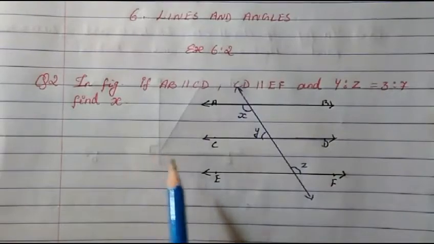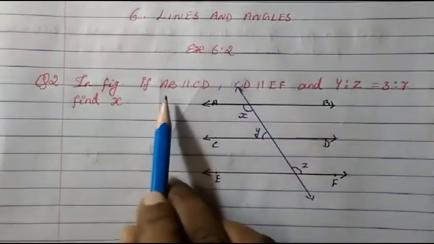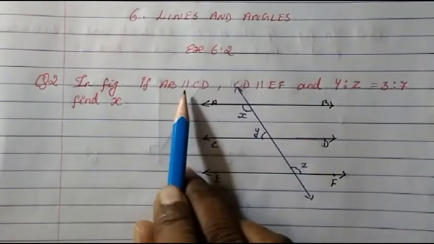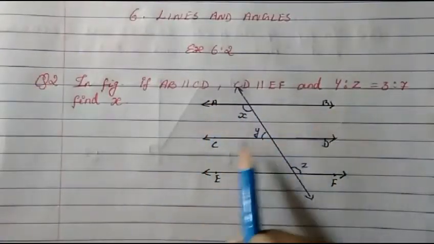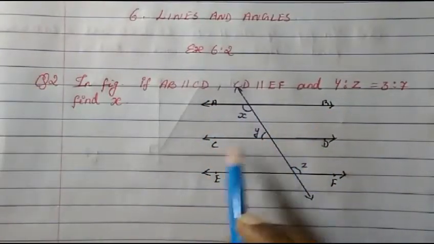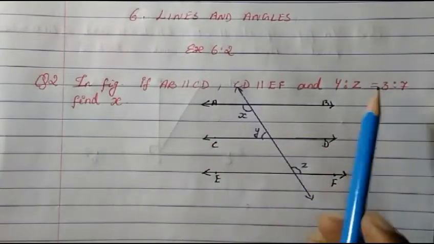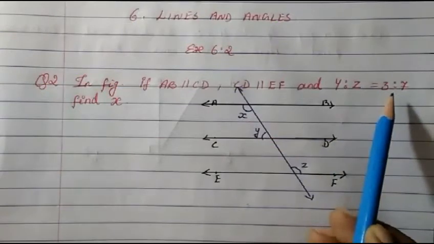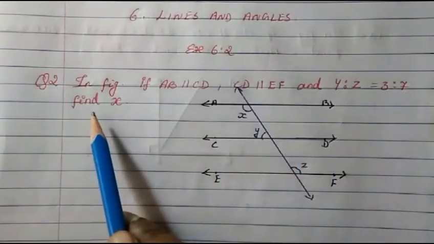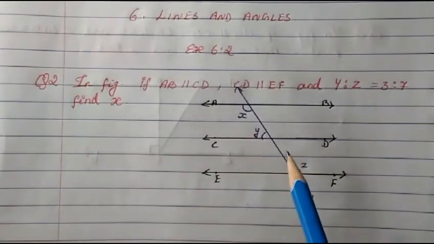In the figure we have here, AB is parallel to CD, and CD is parallel to EF, and the ratio is given to us. What we have to do is find the x value.